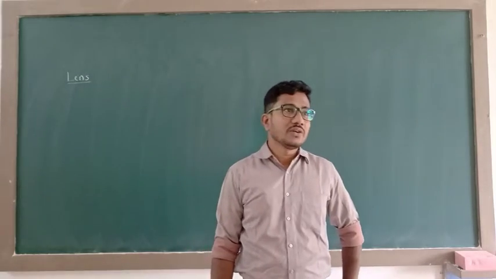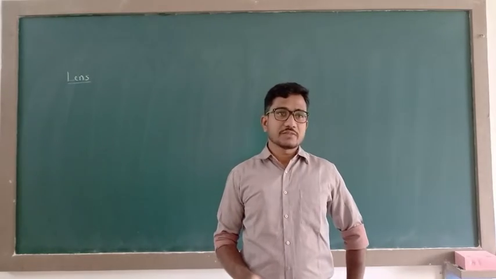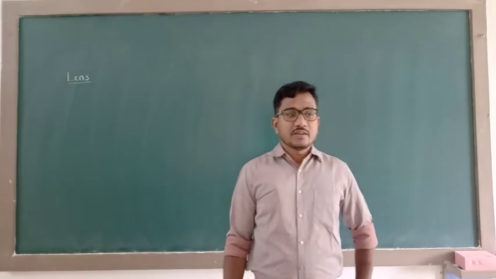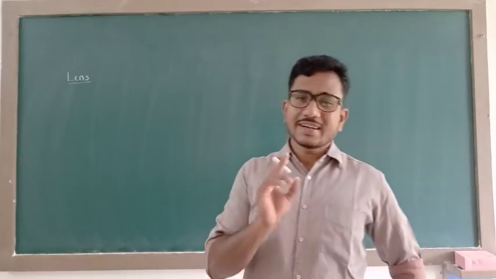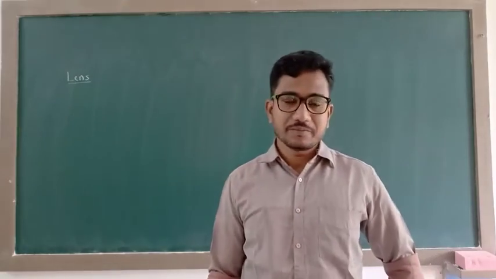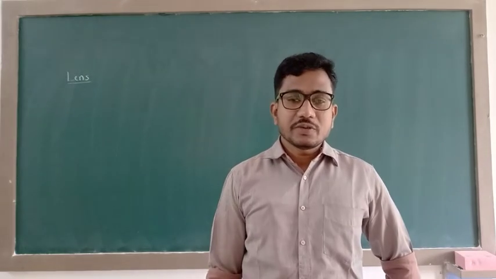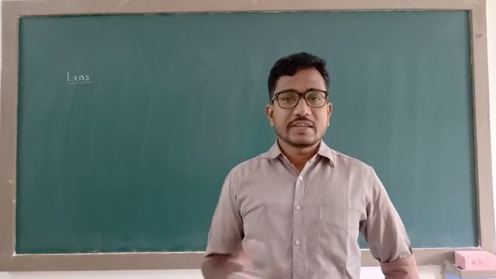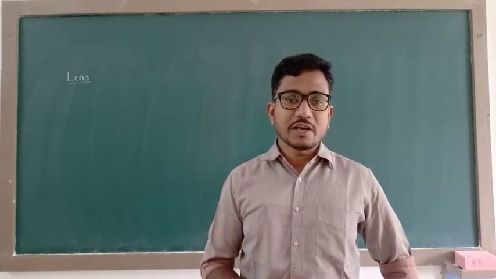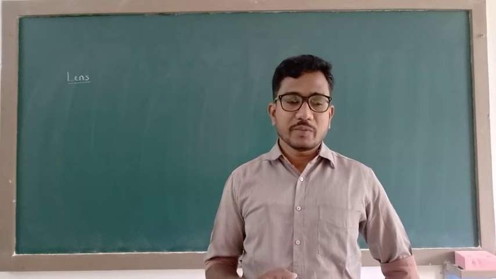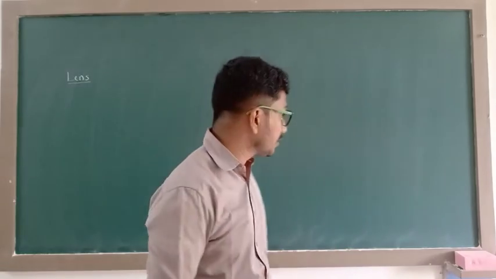There is no need to say those two surfaces must be spherical. So in general it is made up of two surfaces of which at least one is spherical. So on the basis of that we are going to categorize the lens into different types: biconvex, biconcave, plano-convex, plano-concave, concavo-convex, convexo-concave, like that.